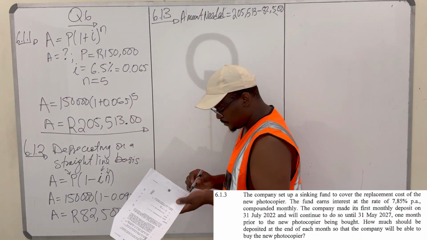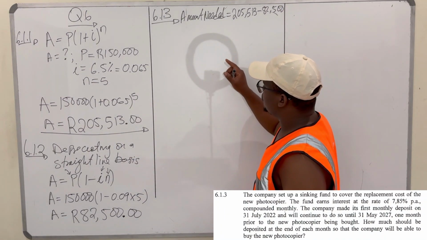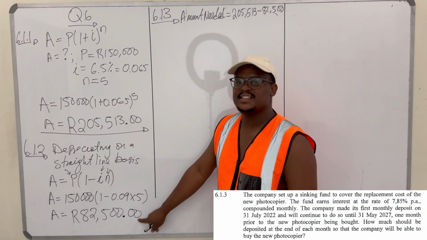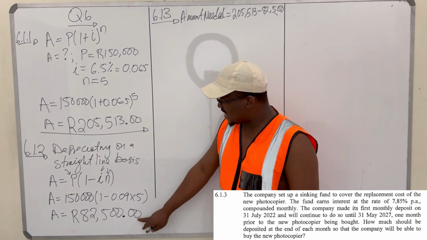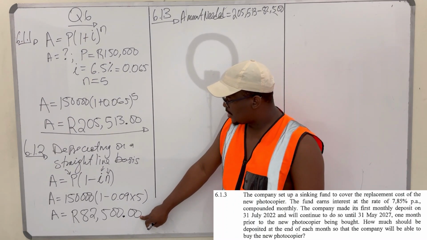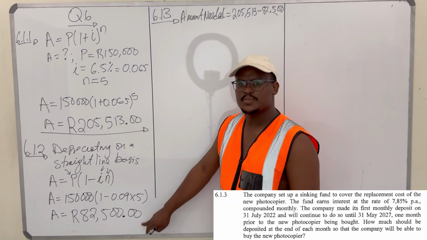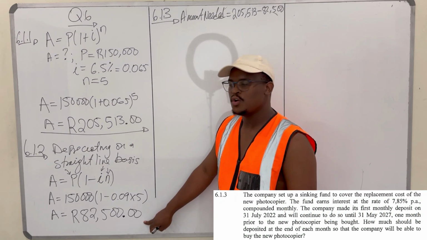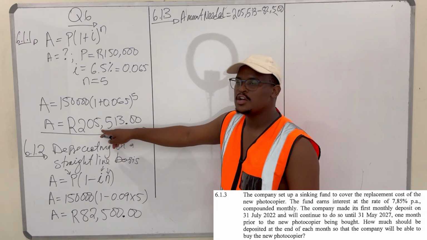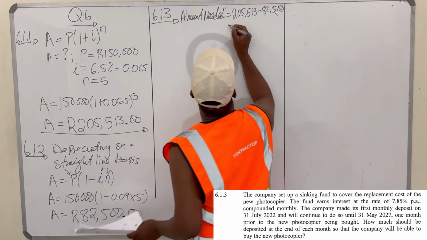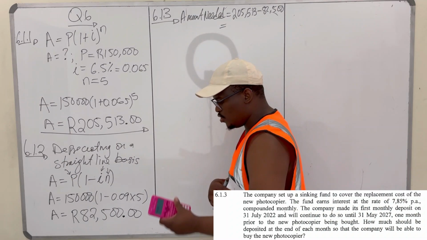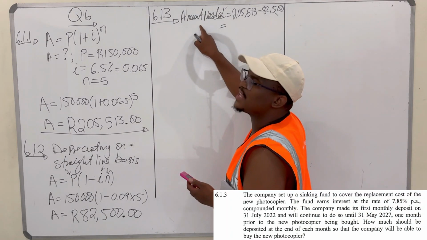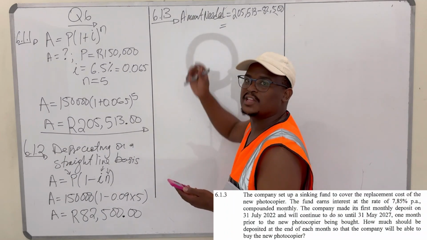This is because this one will be used as a trade, it will be traded in. So it's more like when they give them that old photocopier, because it's worth 82,500, it's more like they're giving them 82,500, which should be reduced from the new price, so that the new price is whatever the amount is here. So let's punch this and see how much is our new amount that is needed by the company, or new price for that company.